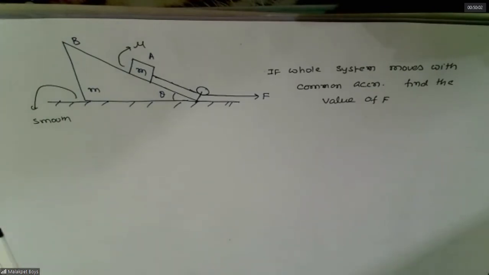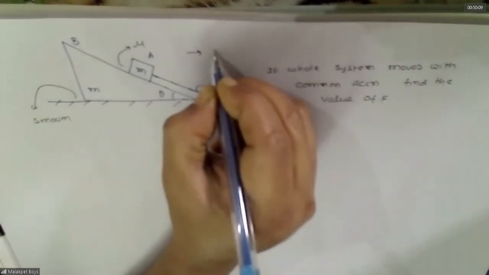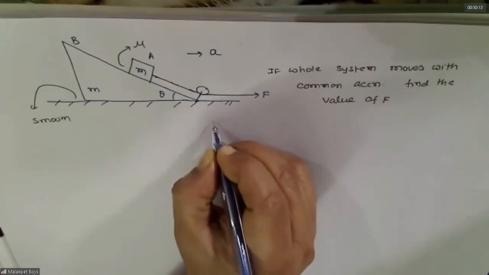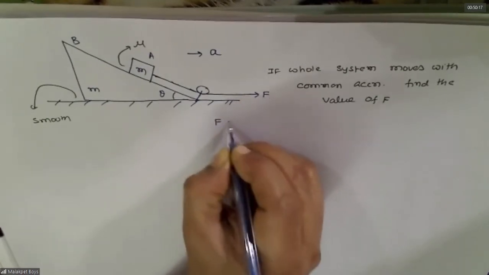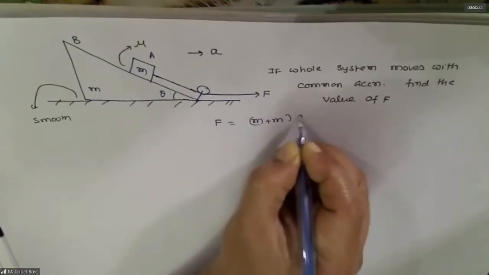Now you can see that the whole system is moving now. So you have an external force on the system: total mass of the system times acceleration.